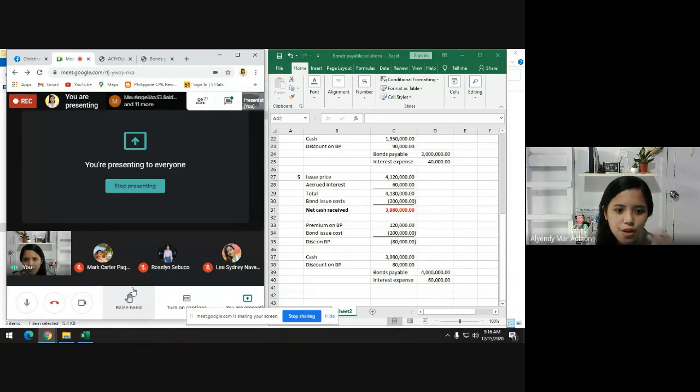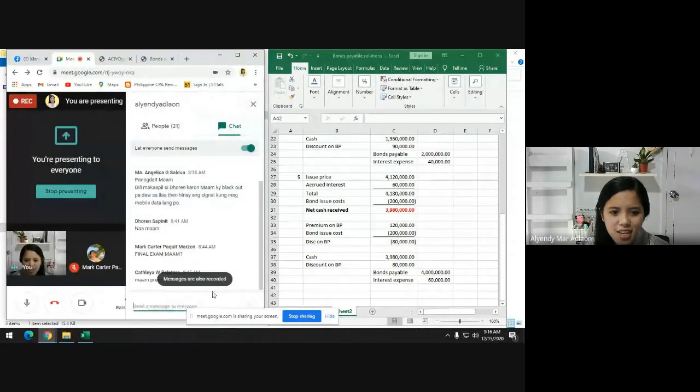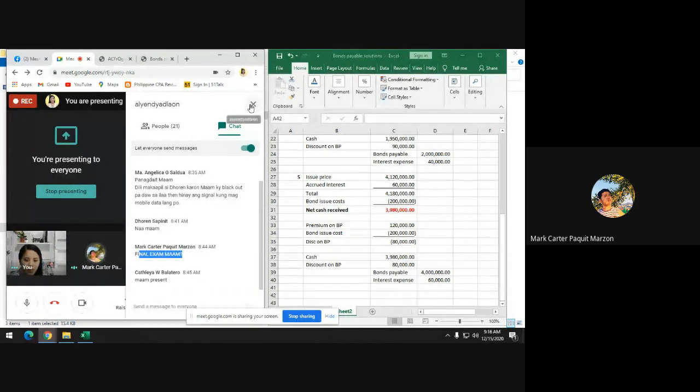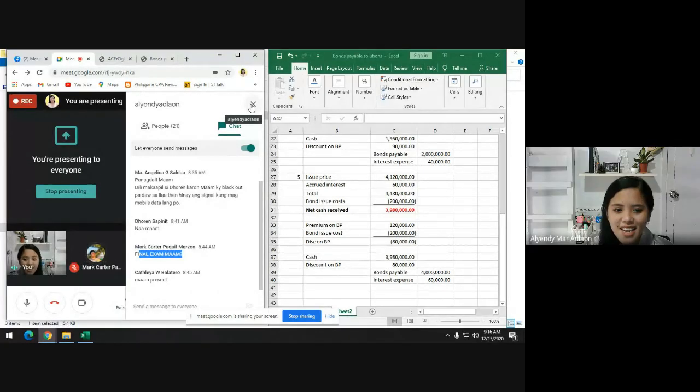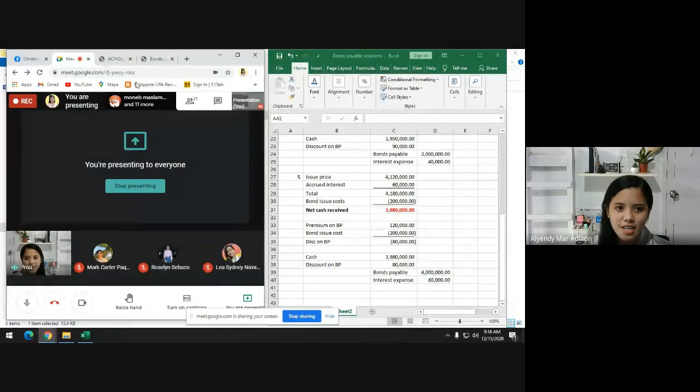So if ever you want to ask, you may raise your hand, you may chat, or you may just ask me directly. Okay, what is this question final exam? Ang coverage is bonds payable o kanirang effective interest method? Okay, yes, kanilang ang coverage.